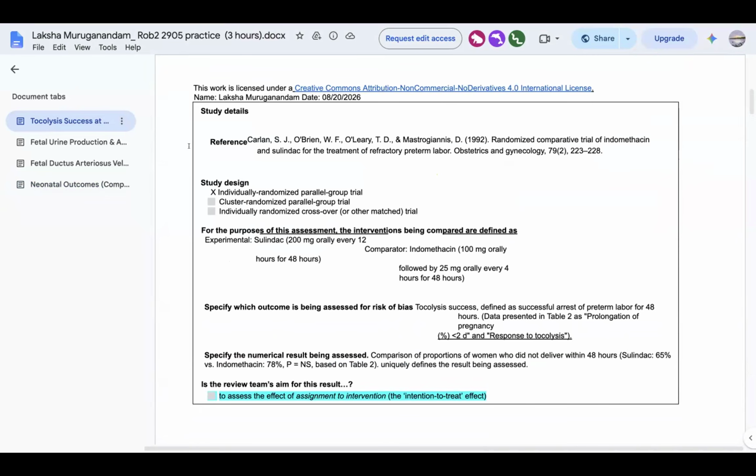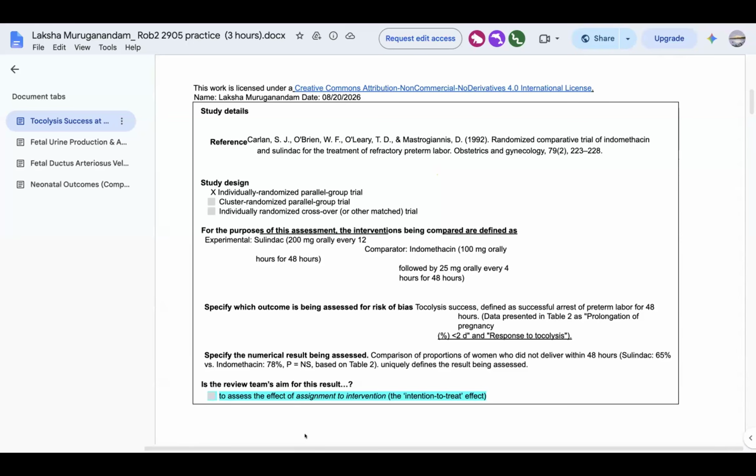Again, like the tocolysis with the hours, contractions at 2 hours, contractions at 4 hours, or lumping the different velocities together within the ductus arteriosus category. And correct me if I'm wrong, if you adamantly believe that every single data point needs to have its own ROB2, and if you are adamant that that's the way to do it, please speak up, because I don't want to not give it a good go.